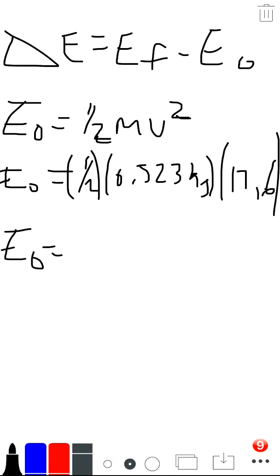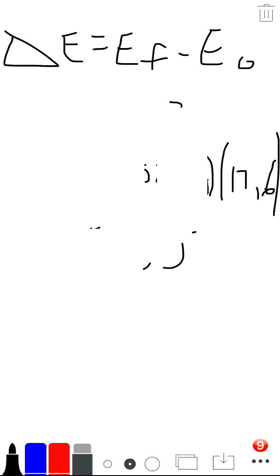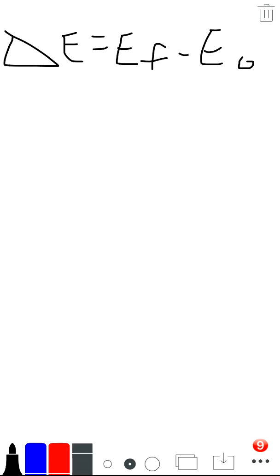So plugging that in, we find that the energy that we started with is 81.0 joules. And as you can expect, as this slows down and deals with that frictional force, it's going to lose energy. So 81.0 joules is what we're starting with, as that's E initial.